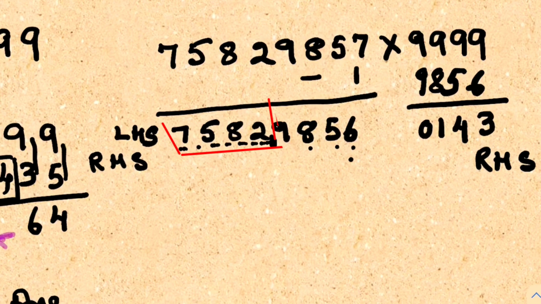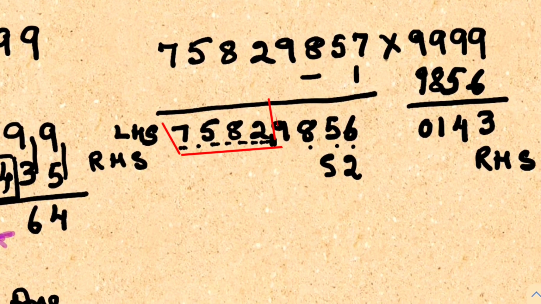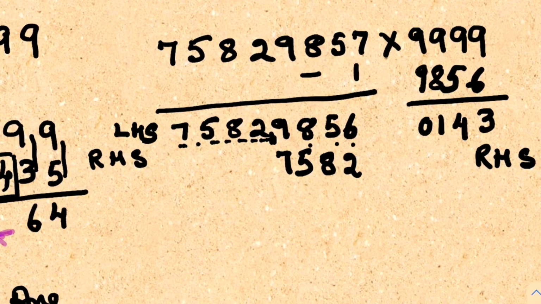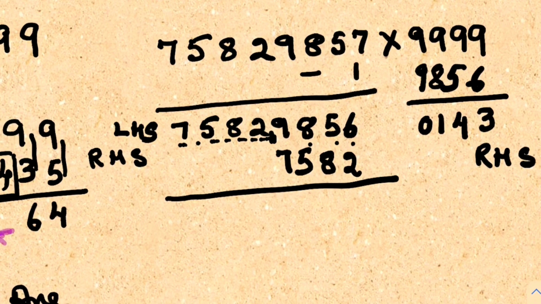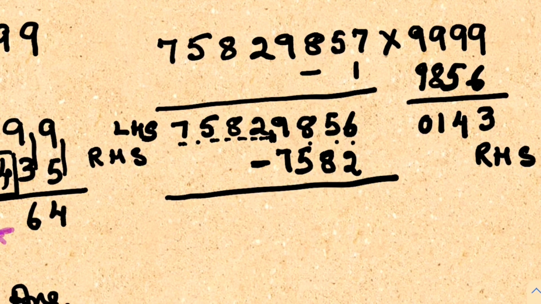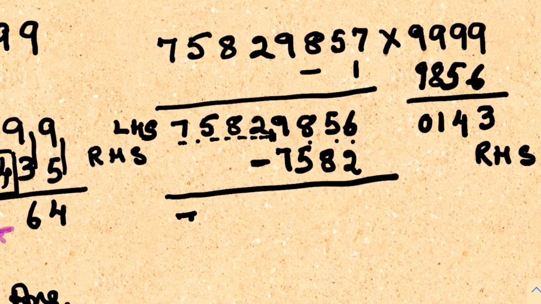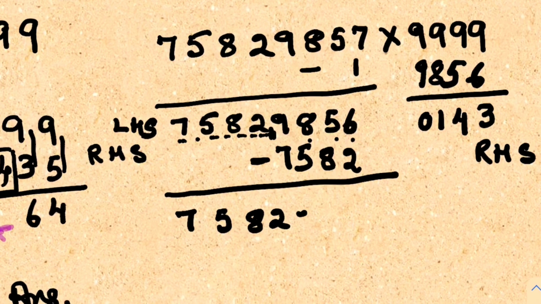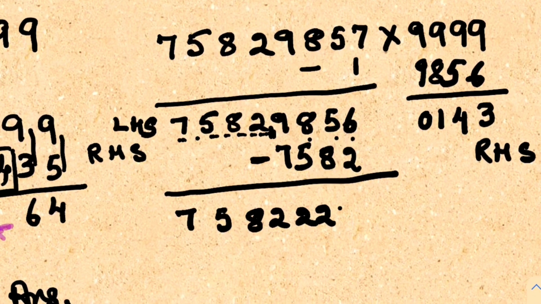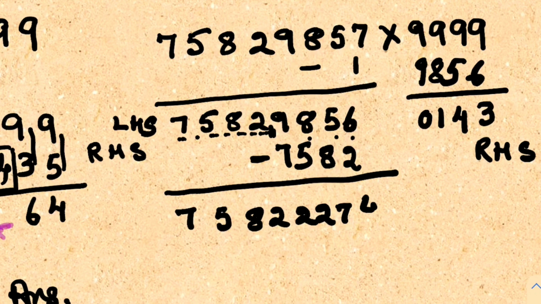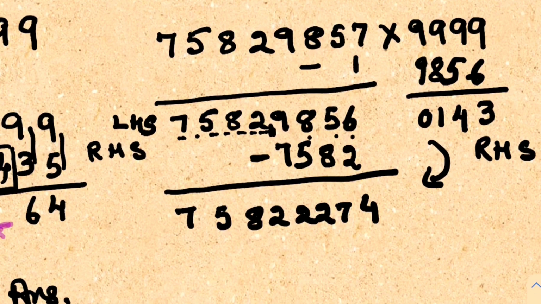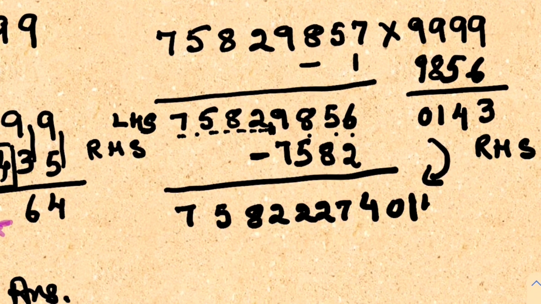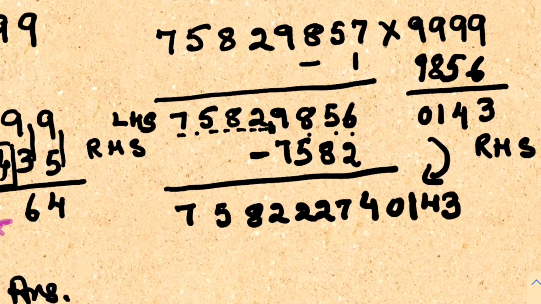So when we subtract this from here, we get 7, 5, 8, 2, 2, 2, 7, 4, and by combining this with this, 1, 0, 1, 4, 3.